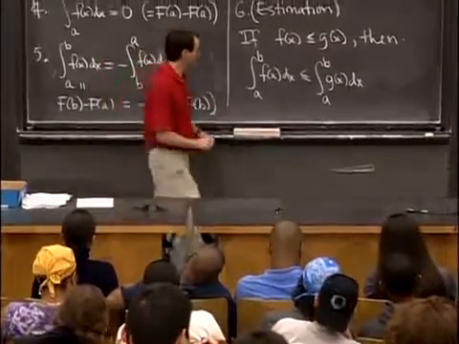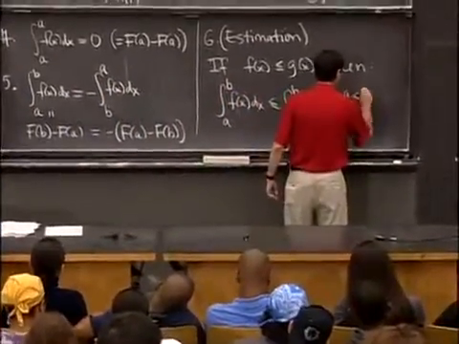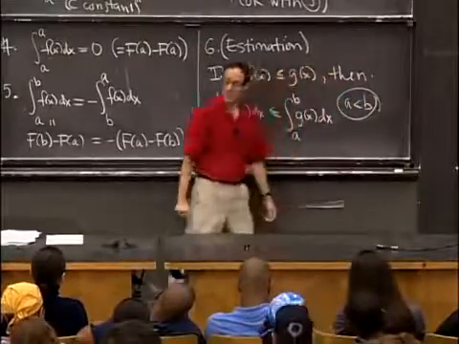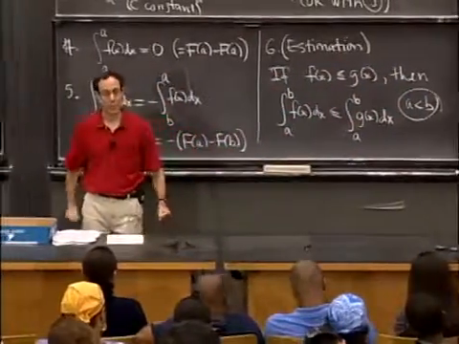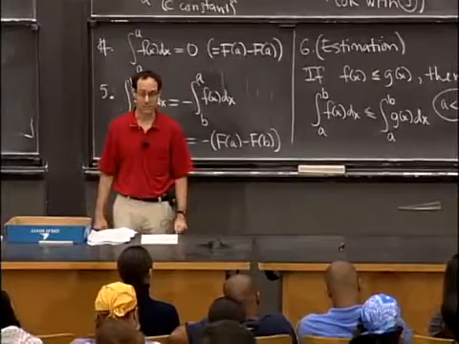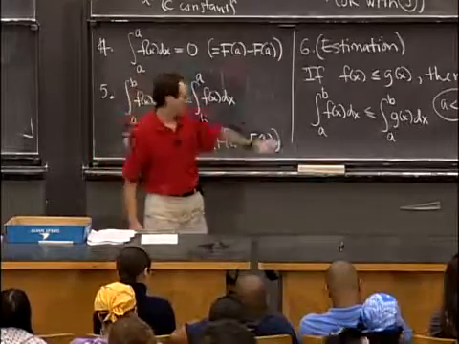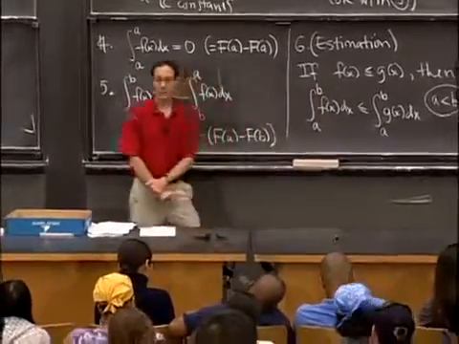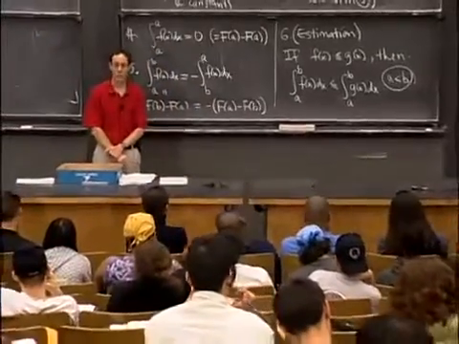For this one, you'd better have a less than b. You need it, because we flip the signs when we flip the order of a and b. So for this one, it's essential that the lower limit be smaller than the upper limit.